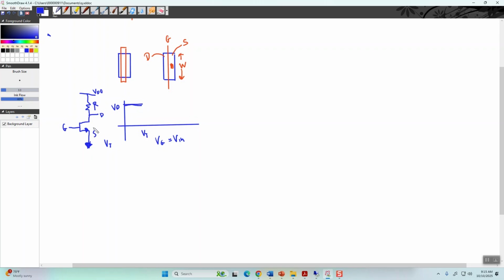And then here, when we increase it to where we're getting the maximum current flow, there will be ID times R drop across here, and it can get, depending on the conditions, very close to zero, but not exactly zero. And so here we have a low input making a high output, and we have the inverse here, and so we have an inverter.